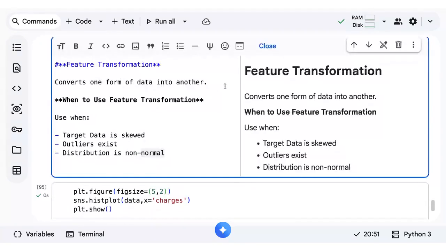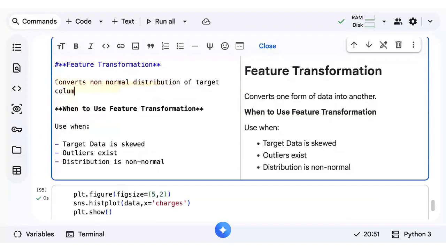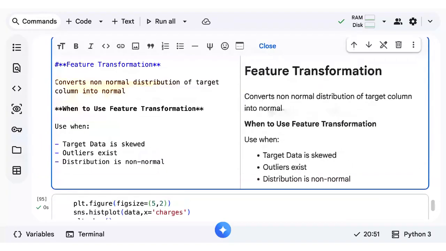Let me change the definition: it converts a non-normal distribution of the target column into normal. No need to do it for input columns because scaling is already applied. We didn't do anything on the target column.